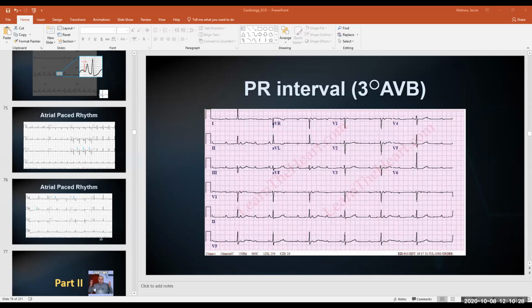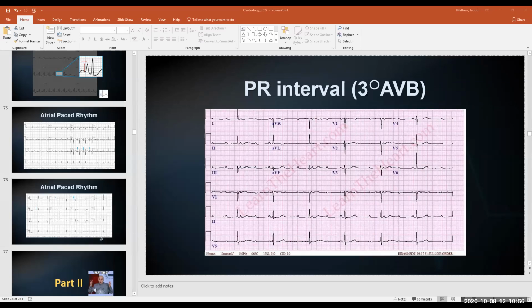If we look at, for example, here, we see it's long and then it got longer and then it maybe dropped. There's a P here, but then it got short, long, but then it dropped again. It wasn't consistent, whereas even with a second degree type 1, you're going to have the same rhythmic pattern. If it's every third beat, you get the prolongation, the drop. That wasn't there. So now you know this can't be a second degree type 1.